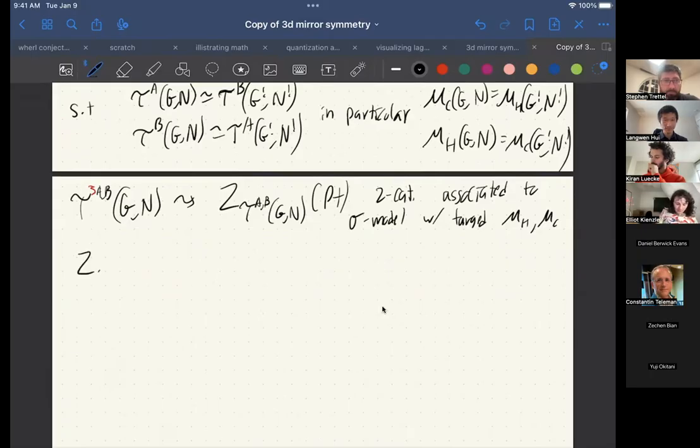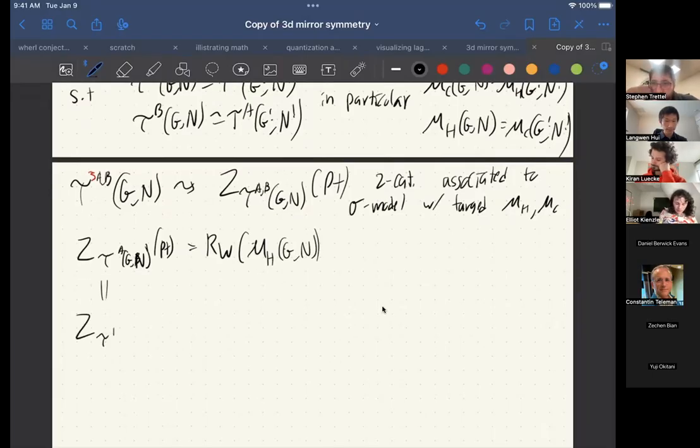The TQFT assigns to a point the Rozansky-Witten category of the moduli of Higgs bundles. Okay? I'm just tracing through the things I claimed were true earlier.